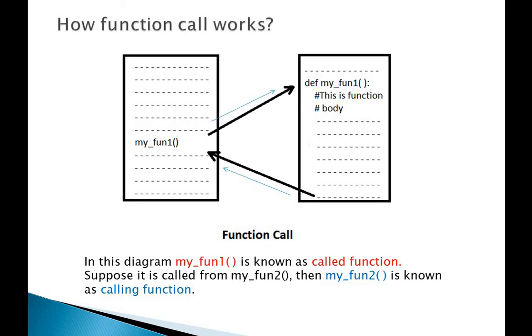In this diagram, my function 1 is known as the called function, and suppose it is called from another function named my fun2, then my fun2 is known as the calling function. We have studied two terminologies here, called function and calling function. The calling function is the function which has made the call to a new function, and the called function is a function which has been called from the current function.